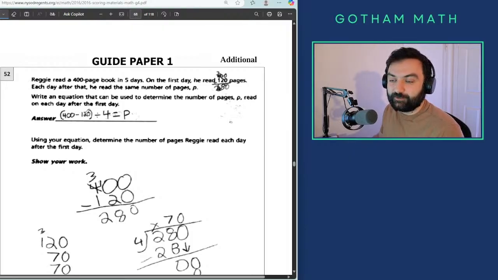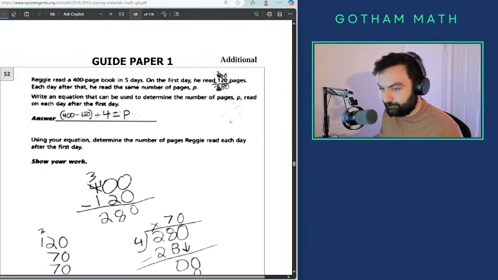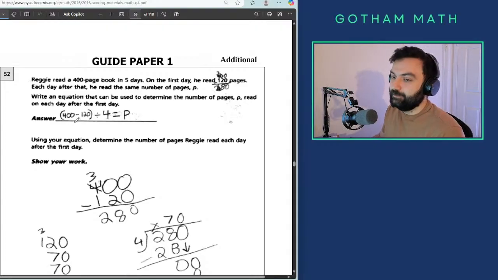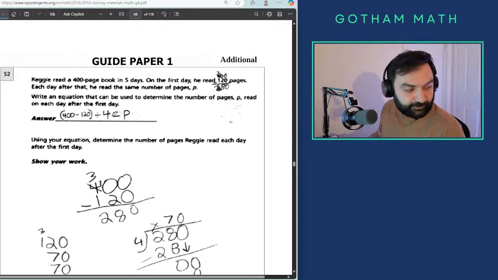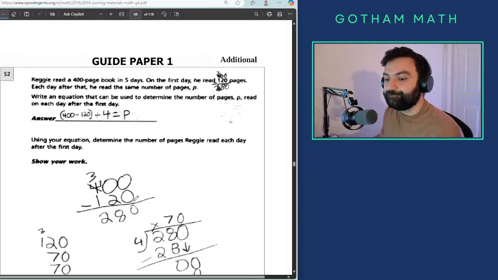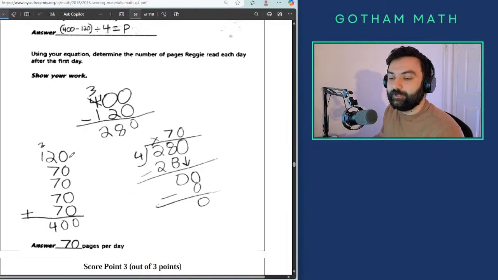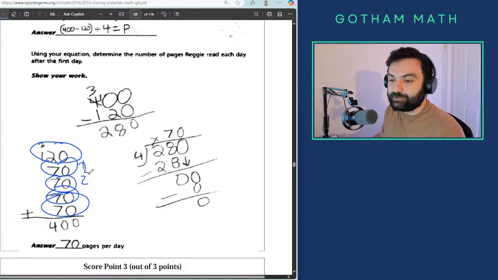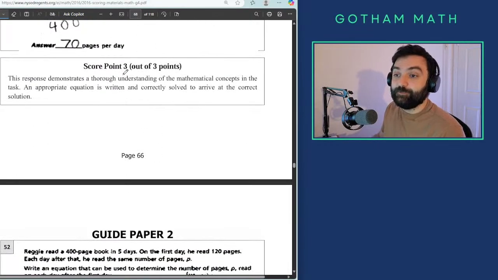First, you subtract the pages read in the first day, and then divide the remaining by 4, right? Very decent. The only thing is that they checked, right? 120 and then plus 70 plus 70 plus 70 plus 70. First day, second day, third day, fourth day, fifth day. It adds up normally. It's a 3-point question right away.